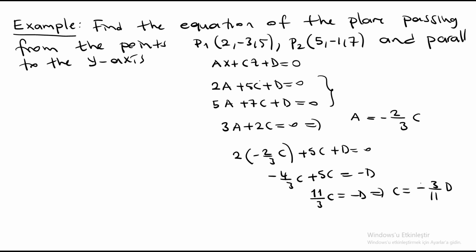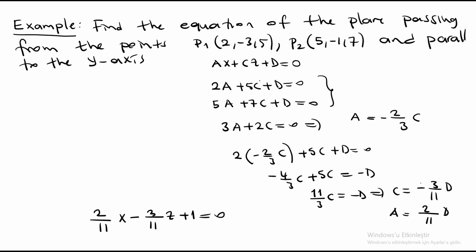So A becomes then negative 2 over 3 times negative 3 over 11 D, so 2 over 11 D. So we have this one, 2 over 11 X minus 3 over 11 Z plus 1 equals 0.